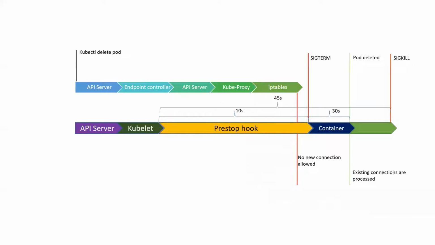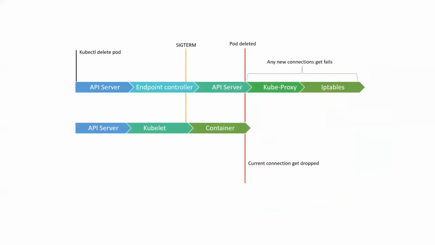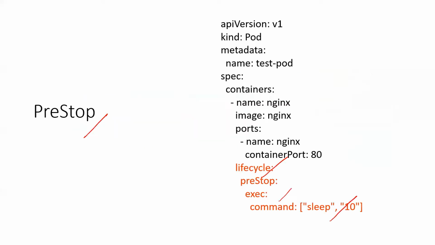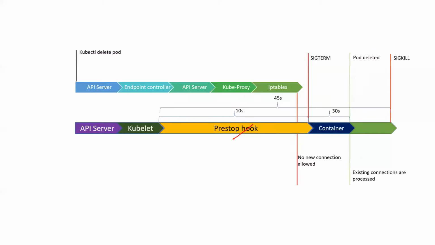So you can see it here. Now, as you see, we have implemented a preStop. With the preStop, what happens? On the last slide, the request was immediately processed and subsequent actions were done immediately. But when you are running with the preStop hook, this operation will be delayed for 10 seconds.